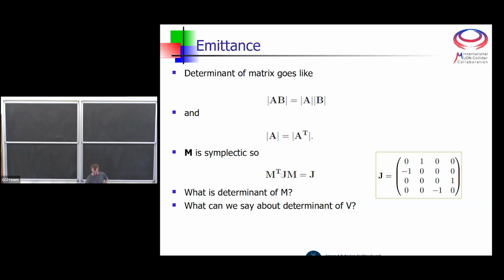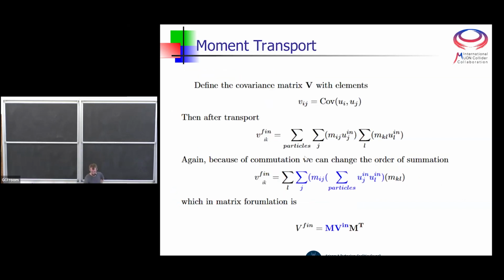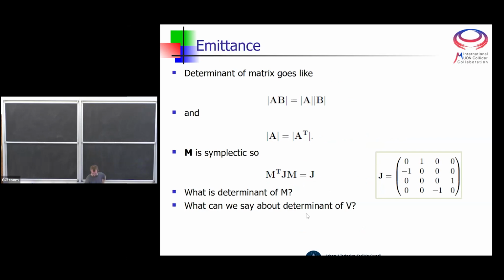So then, given that the determinant of M is 1, what can we say about the determinant of V, this covariance matrix? If I flip back to this relationship here, potentially. Yep, the determinant of V is constant. That's exactly right.